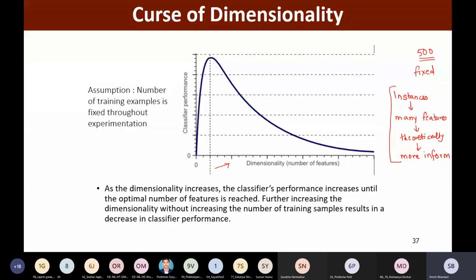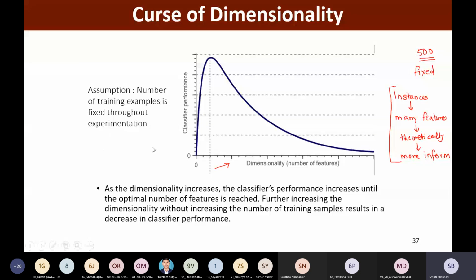And that is why even though we add into the dimensionality, we add the number of features, those describe the instances, those may not help us practically to improve the performance. And that is why I am illustrating one experimental result so that you can understand this concept clearly.